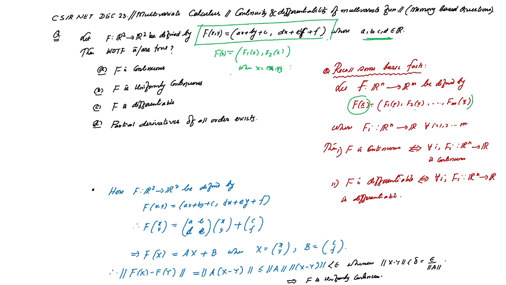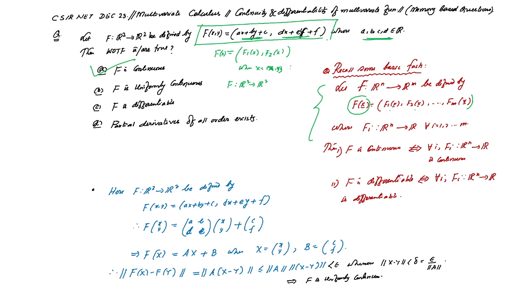So it is basically a function from R2 to R2. Just check: f1(x) is a polynomial function, f2(x) is also a polynomial in x and y, and every polynomial function is continuous. So we can say f1, f2 both are continuous, and hence capital F is also continuous. From these basic facts we can say capital F is continuous.